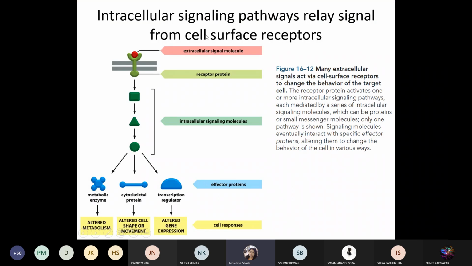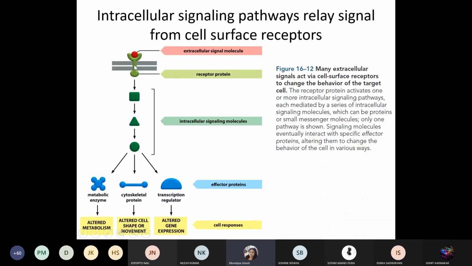Now the intracellular signaling pathway relays the signal from the cell surface receptor. This is the cell surface. It expresses the receptor, and over the receptor the extracellular signaling molecule sits. The receptor protein is touching the lower surface of the plasma membrane and the cytoplasmic portions.